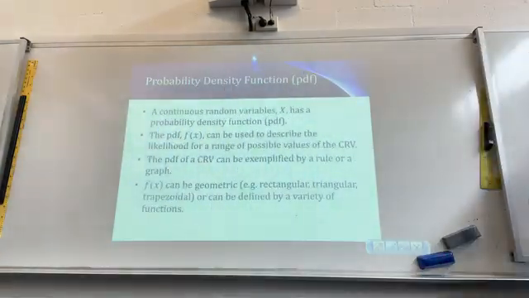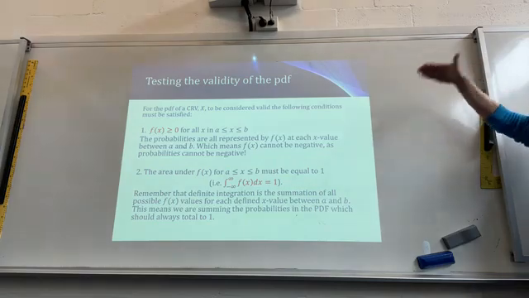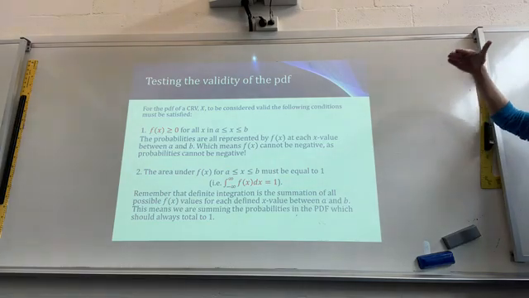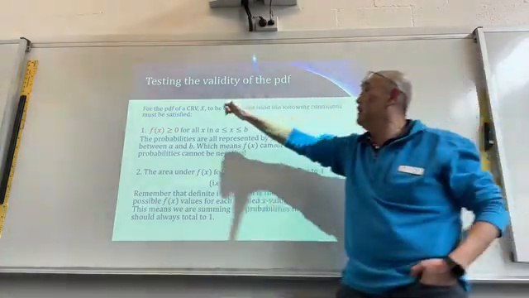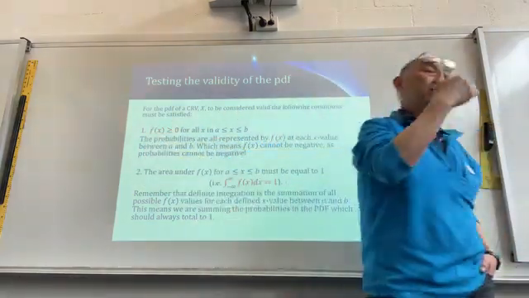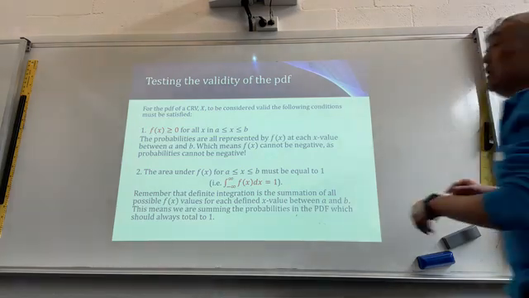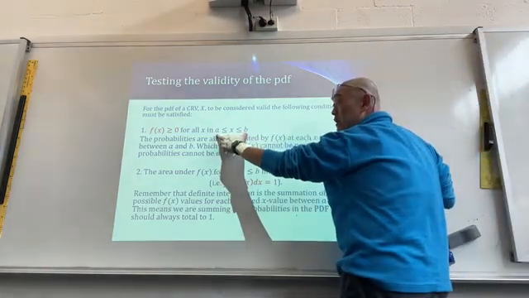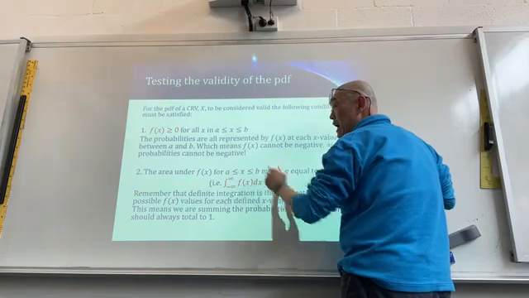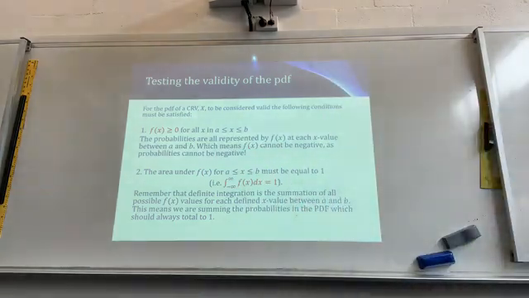Let's start off by looking at testing the validity of the PDF. To make sure that the PDF of a CRV is valid, all the values of f(x) must be greater than or equal to 0. Remember, probability cannot be negative. And that's for a certain domain, between A and B. Then the area under the graph must be equal to 1.